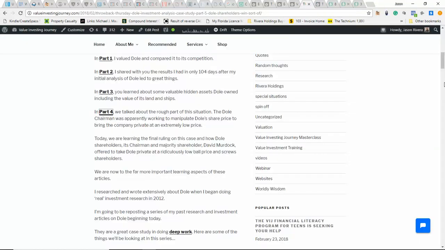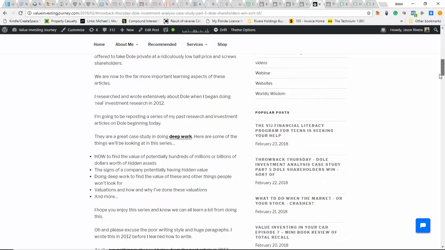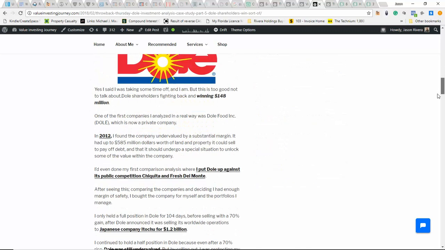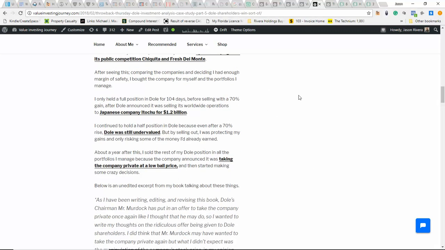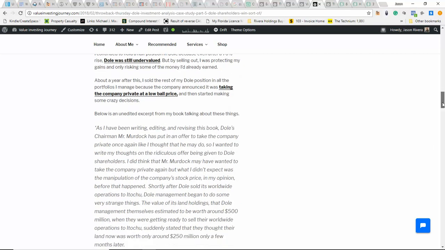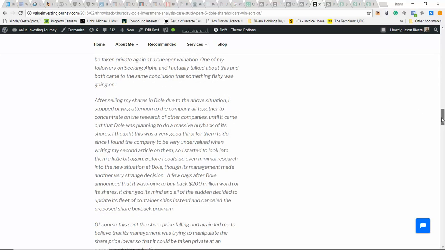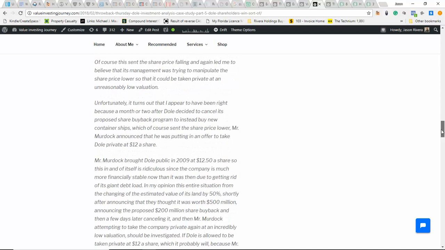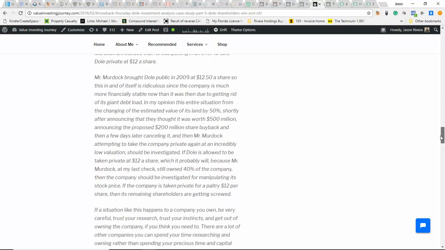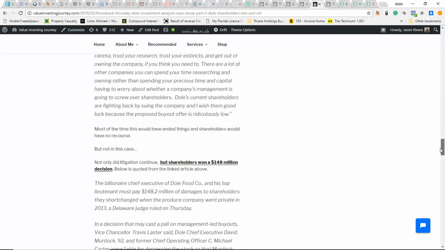Now in section 5, we talk about how shareholders won some of that money back, even though it's still a massive undervaluation, and the company got taken private eventually. A court of law in Delaware awarded compensation to shareholders who still owned shares at the time of the going private transaction, because the chairman of the company, David Murdoch, and others were manipulating the share price down lower to take the company private.